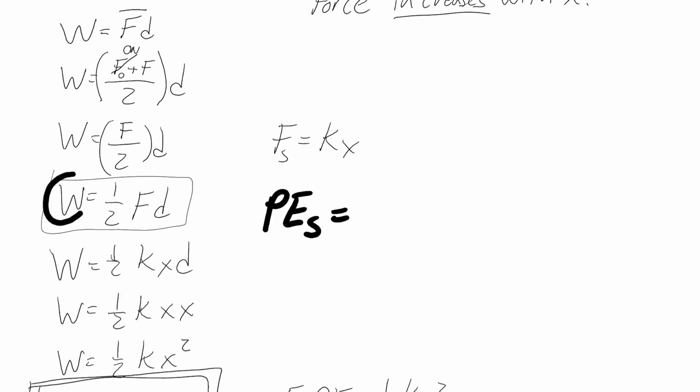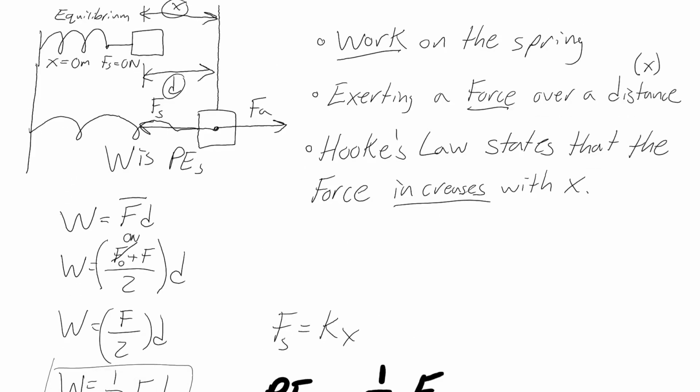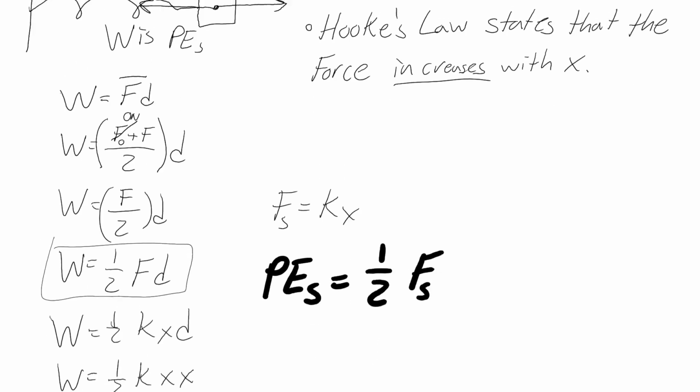Anyway, instead of writing this, we write this, and we still have 1/2, and we have the force in the spring, because that's equal to the force that we're applying, they're balanced, times the distance, and the distance we said was equal to x. So we could just write an x instead of a d.